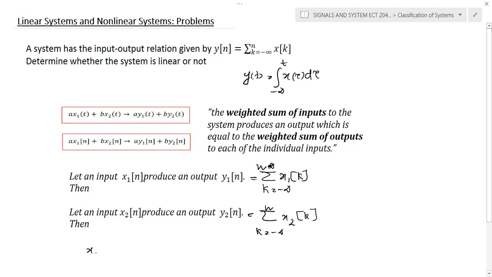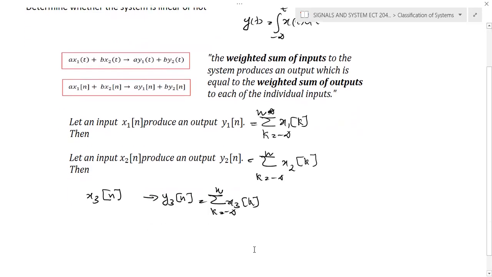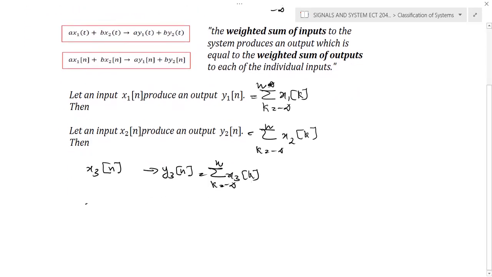The two signals you can write in the form of summation. And now we can consider a third signal x3 of n, and the corresponding output y3 of n you can write like this: sigma k is equal to minus infinity to n x3 of k. Assume that x3 of n is a linear combination, a x1 of n plus b x2 of n.